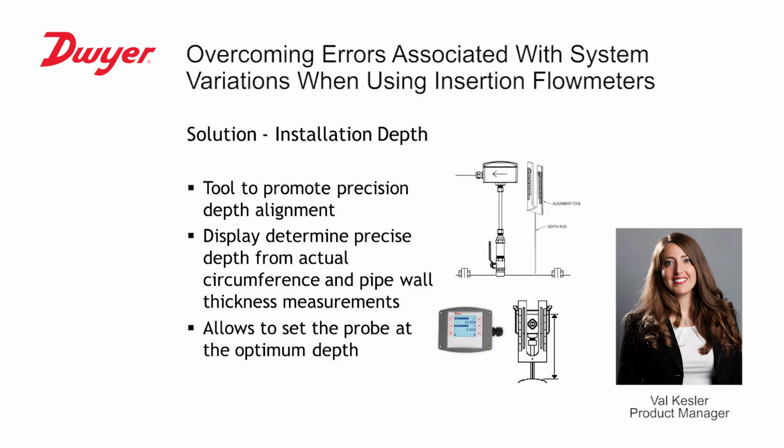So what is really a good solution for that? If you do in fact have variances in your inner pipe diameter, having a tool to verify that actual depth alignment is essential.